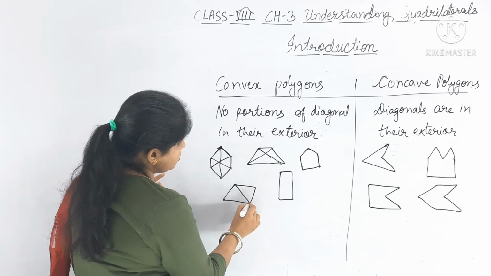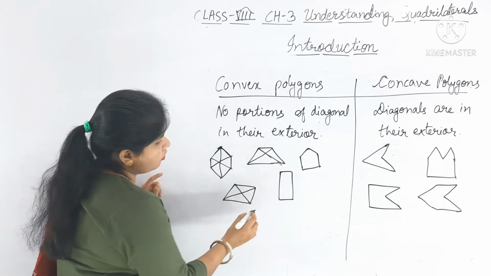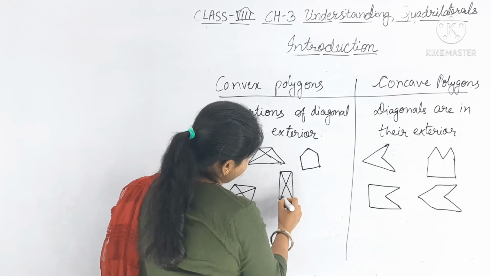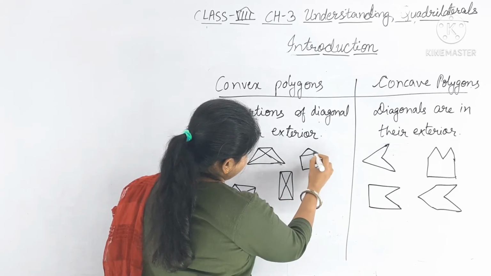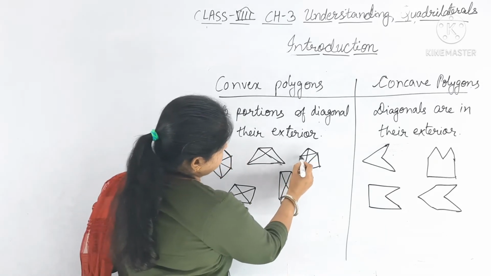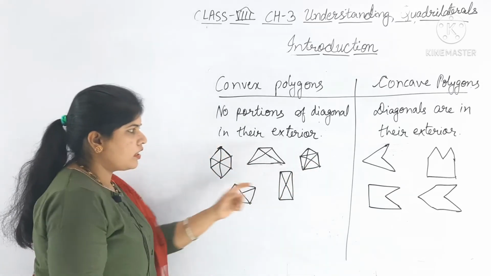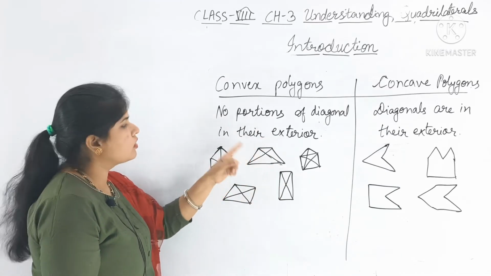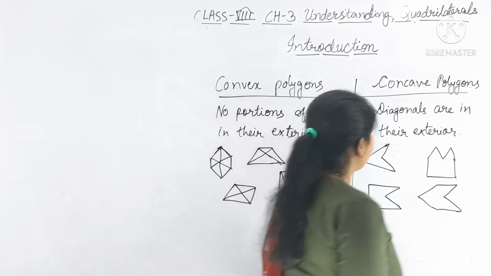So this is a convex polygon. Like this, you can make the diagonal in the interior of the closed curve. So these are convex polygons.